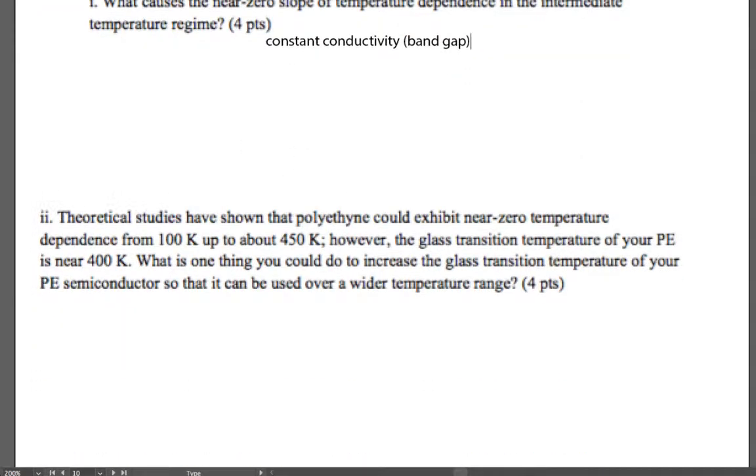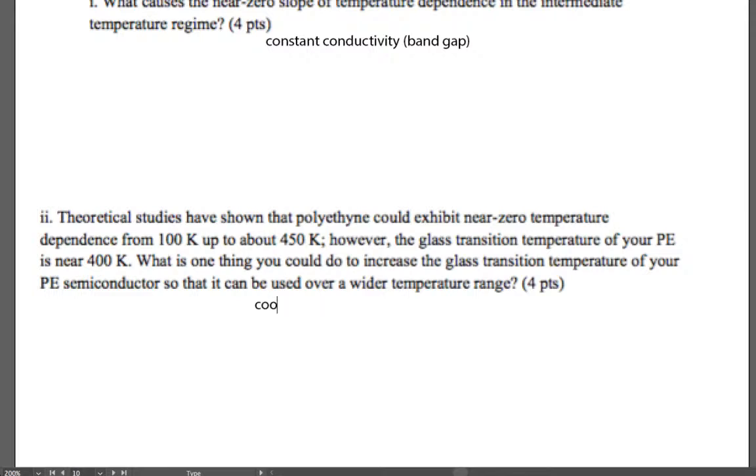Theoretical studies have shown that polyethylene could exhibit near zero temperature dependence from 100 Kelvin up to about 450 Kelvin. However, the glass transition temperature of your polyethylene is near 400 Kelvin. What is one thing you could do to increase the glass transition temperature of your PE semiconductor so that it can be used over a wider range of temperature?